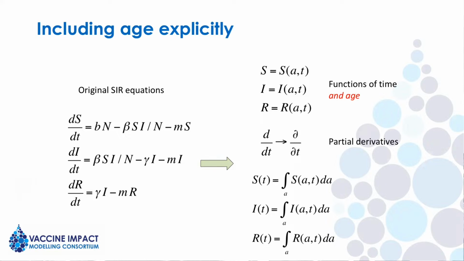This now means that we've got our S compartment as a function of age and time. And I know we said we were only going to look at ordinary differential equations. This is the only time that we look at partial differential equations, except tomorrow. So here now we've got partial derivatives. The susceptible population is a function of age and time.